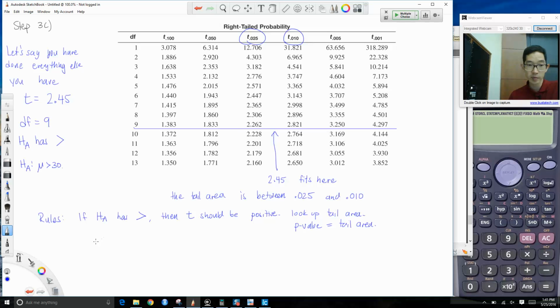Okay? If the alternative has a less than sign, then t should be negative. Okay? But the table only has positive values, so you just ignore the minus sign, and look it up in the table.